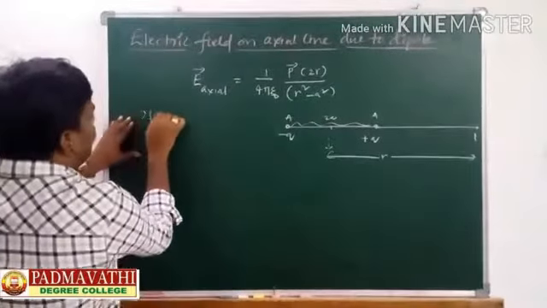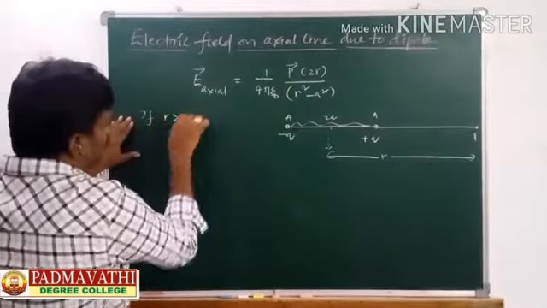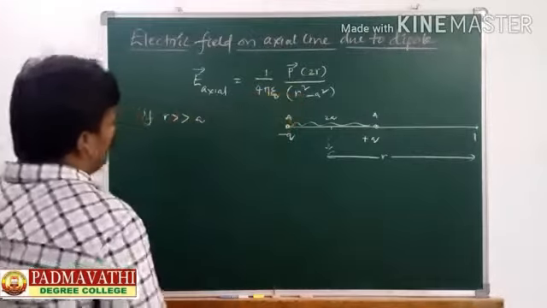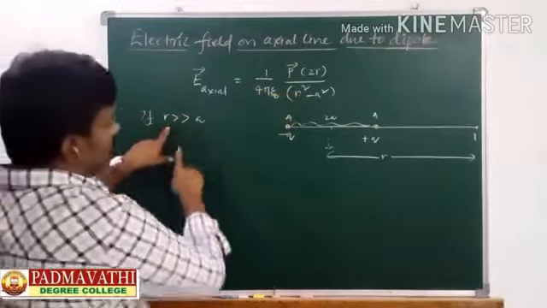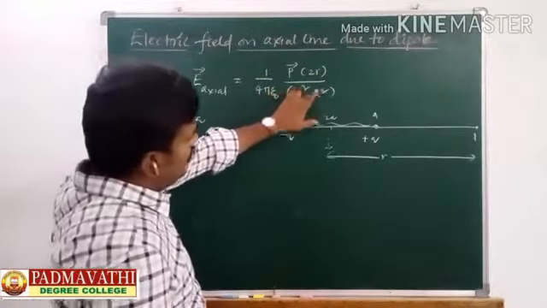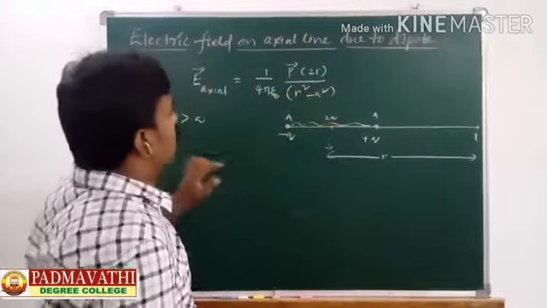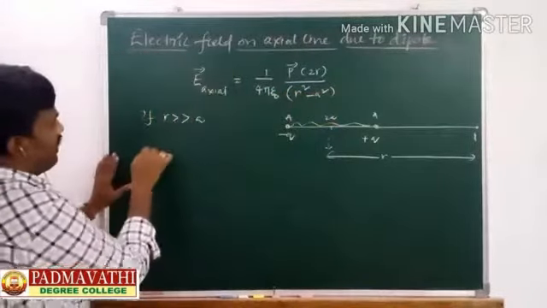If R is far greater than A, what will happen to this equation? So if R is far greater than A, then you can neglect this particular A here. So what happens to E axial?